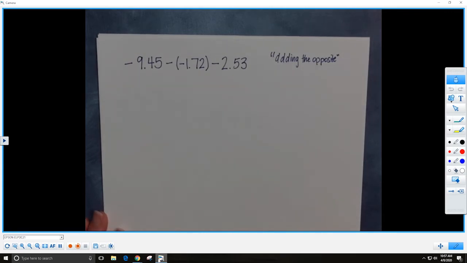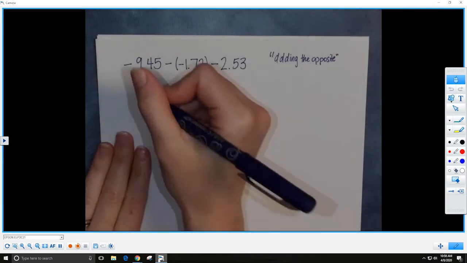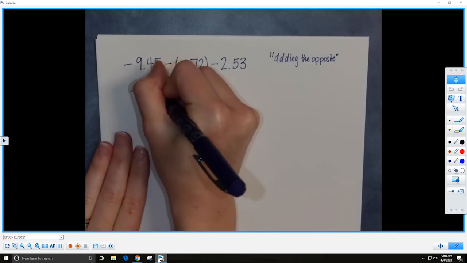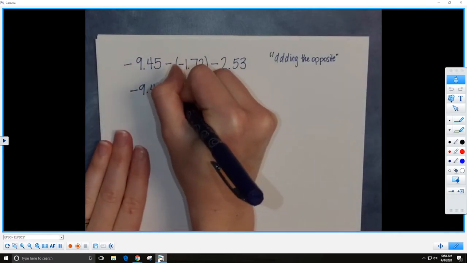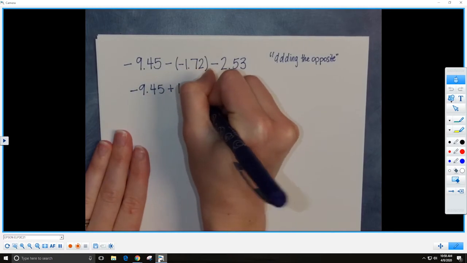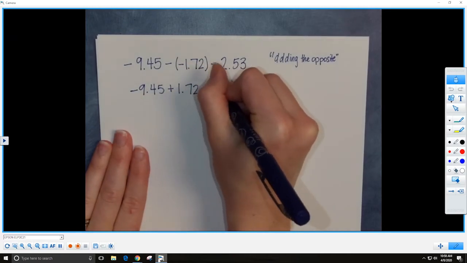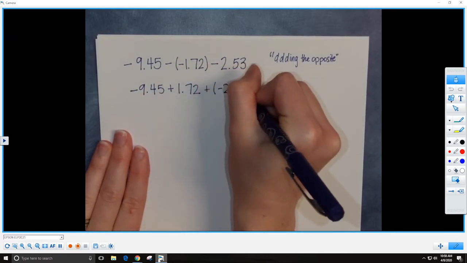I'll pause while you do that, and then we can check to see if you did it correctly. Okay, did you get negative 9 and 45 hundredths plus 1 and 72 hundredths plus negative 2 and 53 hundredths?